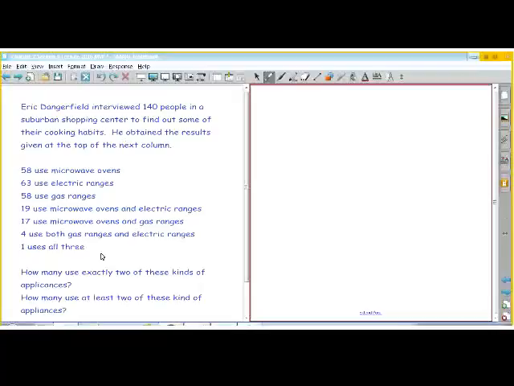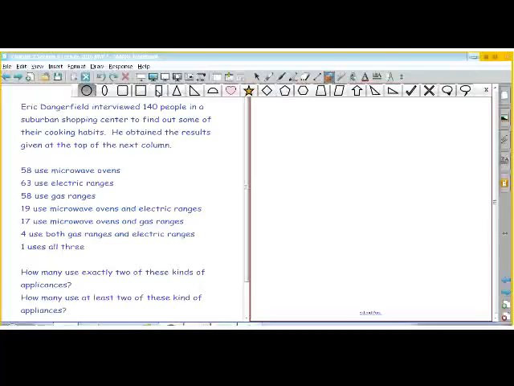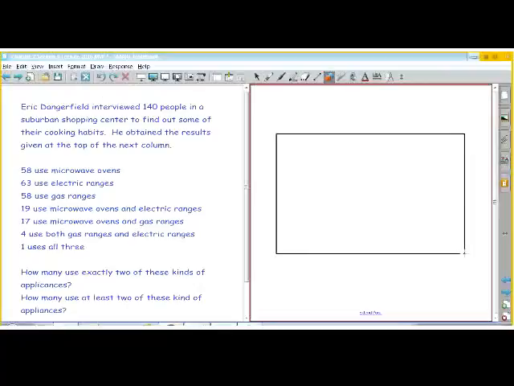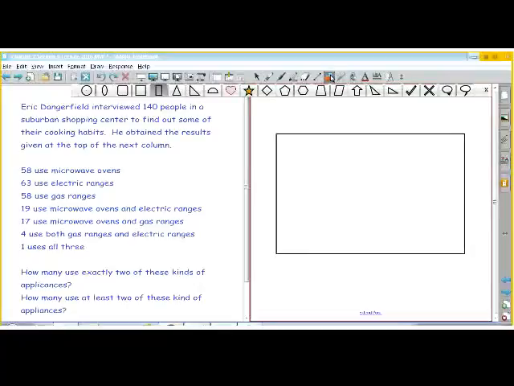So we're going to use that information to fill out a Venn diagram, and then we can answer these additional questions just like we did in one of the earlier problems. So again, it's 3 sets: microwave ovens, electric ranges, gas ranges. Ultimately you'd have the person's names, but in surveys we don't really care who the names are. We're looking for numbers. The raw data might have names in it, or it may be anonymous: subject 1, subject 2, something like that.